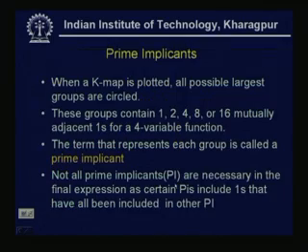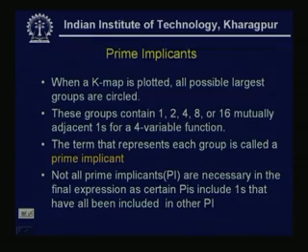Now, we read another thing, that is called the prime implicants. When a K map is plotted, all possible largest groups are circled, that we have already mentioned in the rule. These groups contain 1, 2, 4, 8 or 16 mutually adjacent ones for a 4 variable function. The term that represents each group is called a prime implicant.